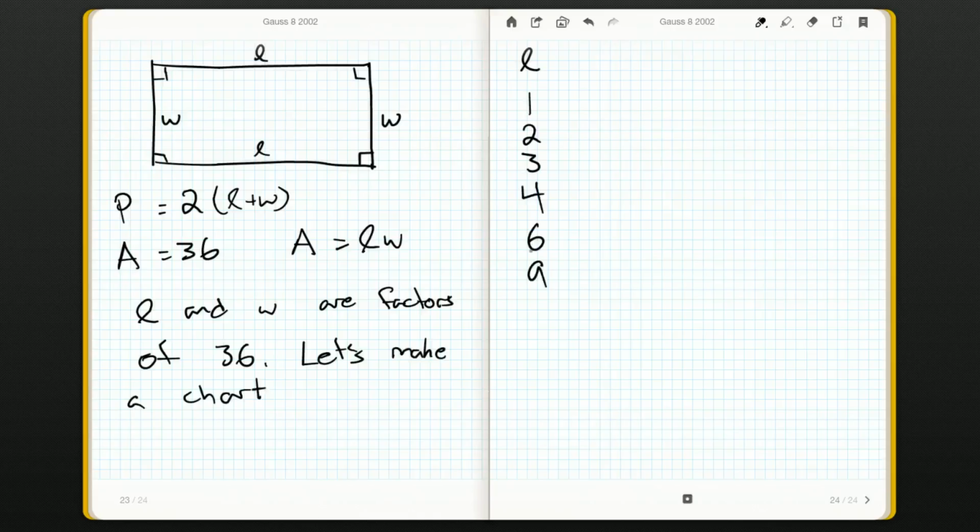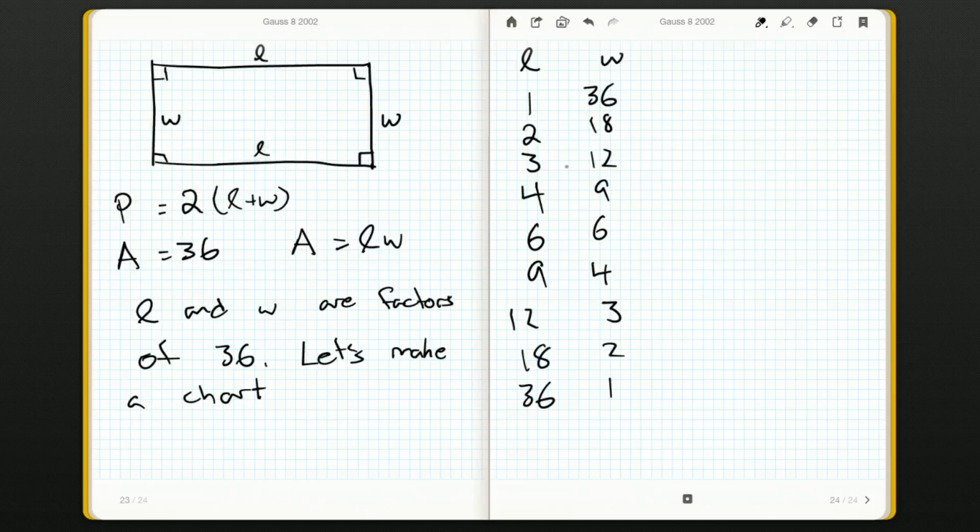And once we're at 6, the factor that corresponds with 6 is 6. So we're now just going to reverse. So 9 and 4 go together. 3 and 12 go together. 2 and 18 go together. And 36 and 1. Now we only need to worry about half of this, really. We don't need to worry about these ones down here. And we do have an area of 36.